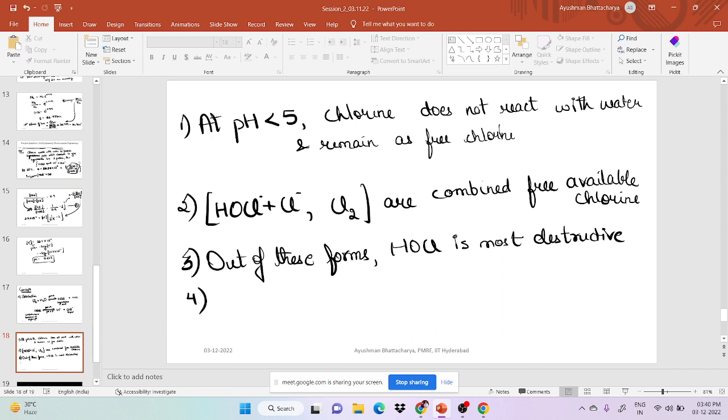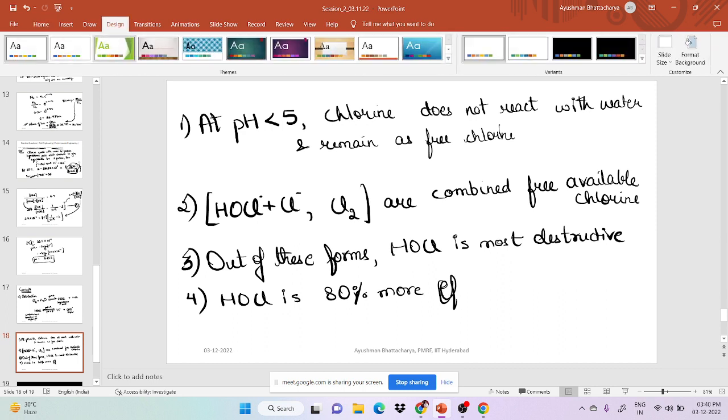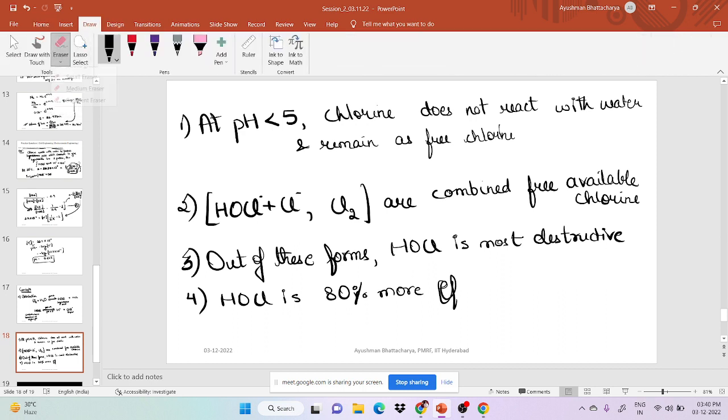HOCl is 80% more effective than the OCl minus ion.